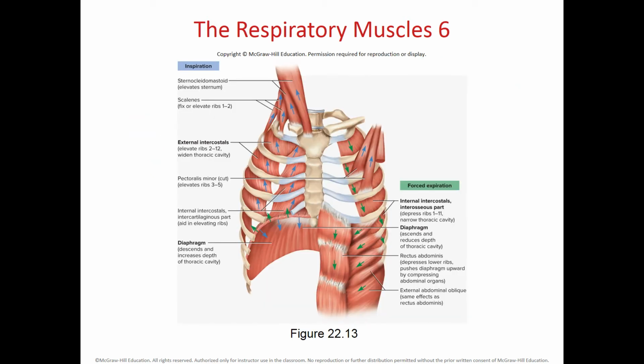So this is showing you the respiratory muscles. Here we have the diaphragm that will descend, increase the thoracic cavity volume, and help during inhalation.